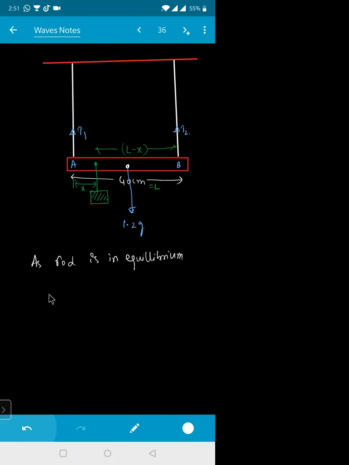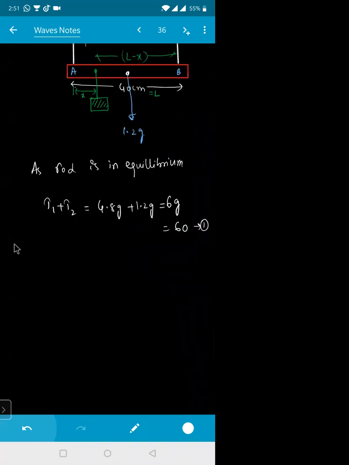So T1 plus T2 must balance the total weight in the downward direction, that is 4.8 g plus 1.2 g. So that will be equal to how much, beta? 6 g. The g value is 10, so that will be equal to 60. So this is my equation number 1: T1 plus T2 is equal to 60.